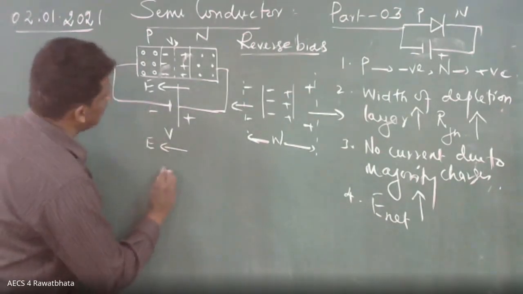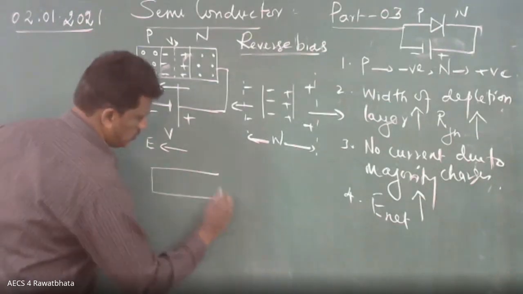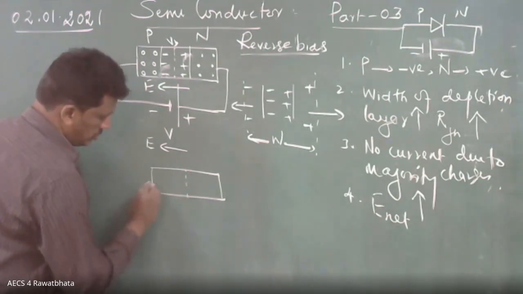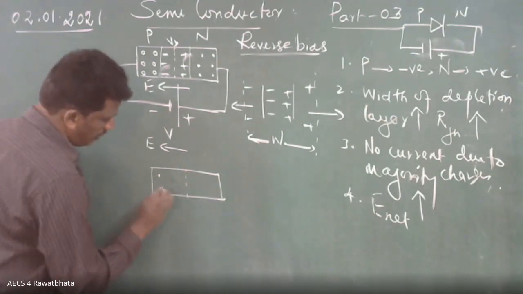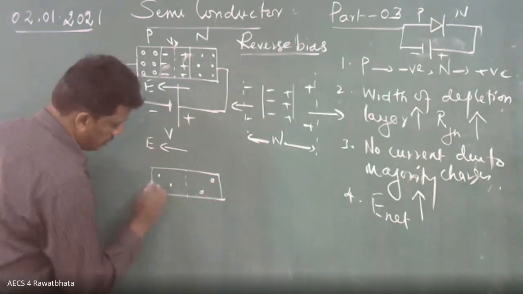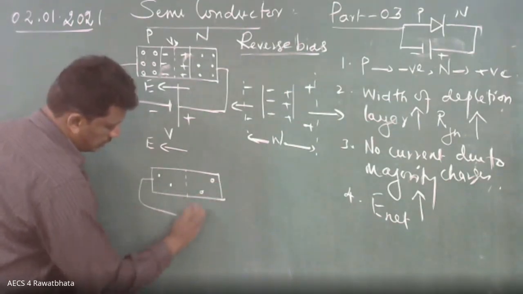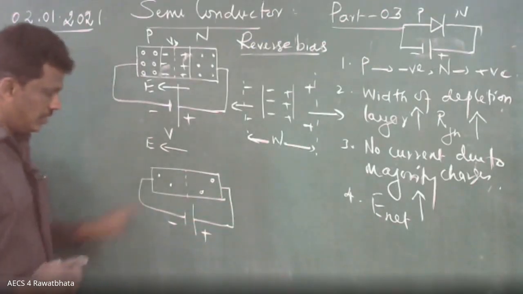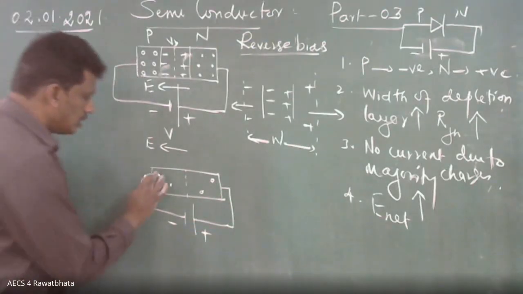You see, here what will happen? You have electron, the number may be less. Here you have holes. You see minus, here plus. This is what?